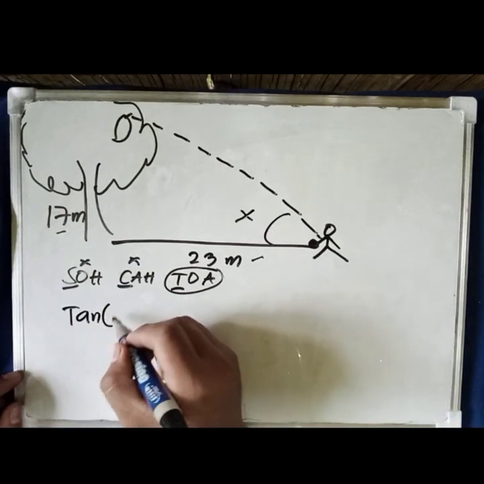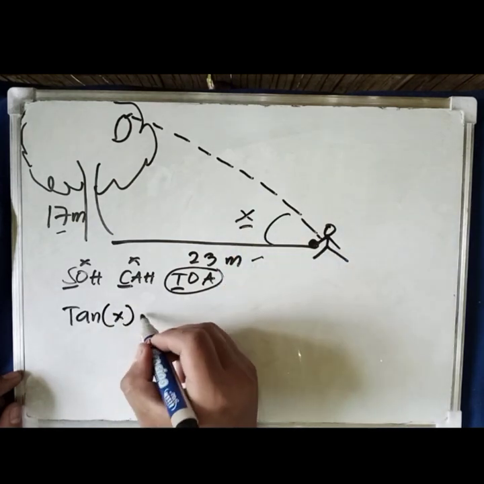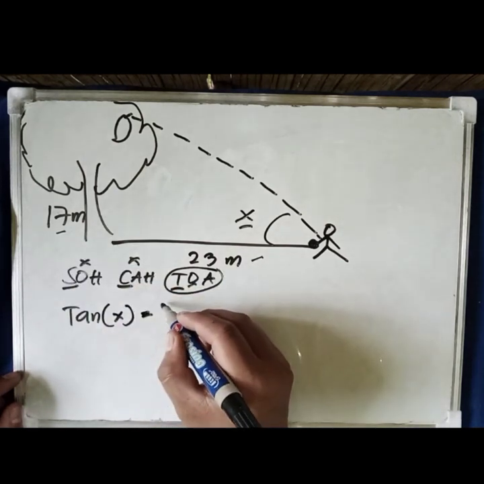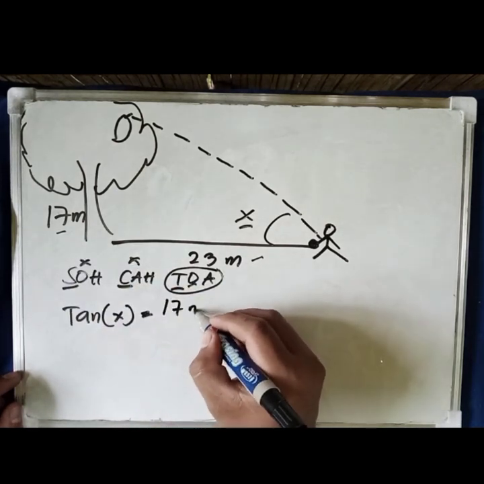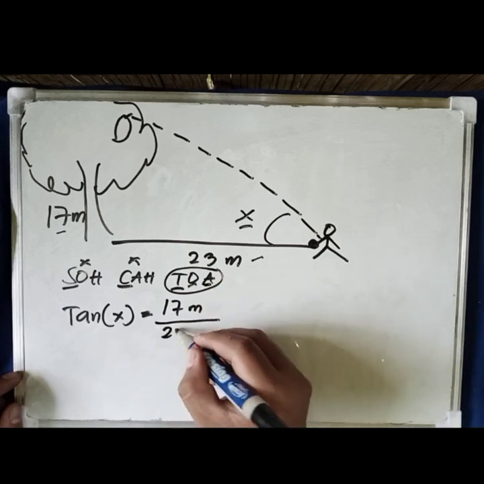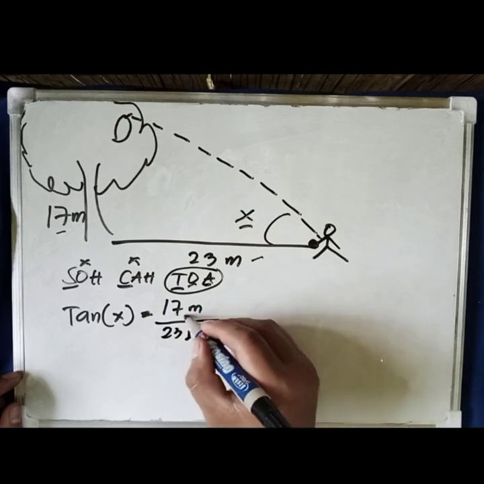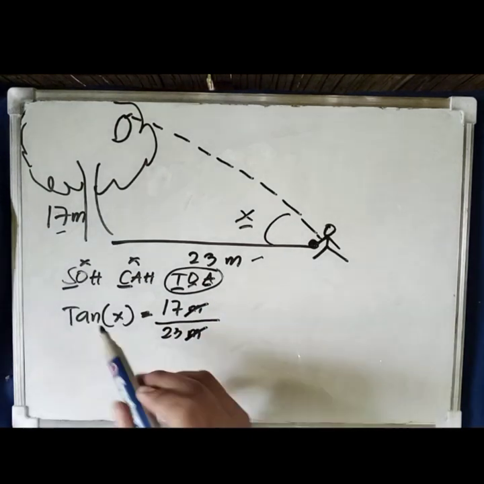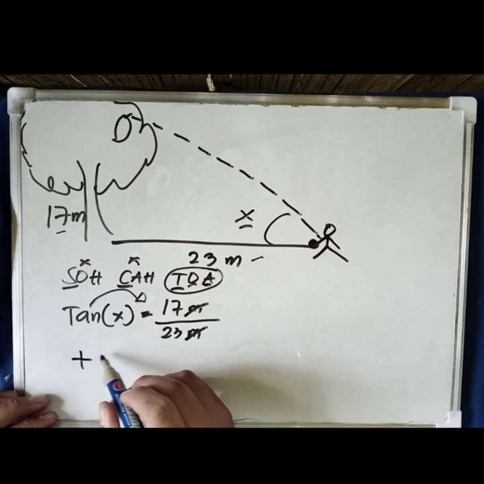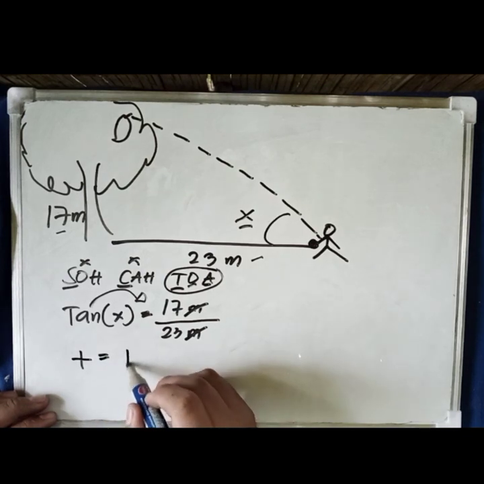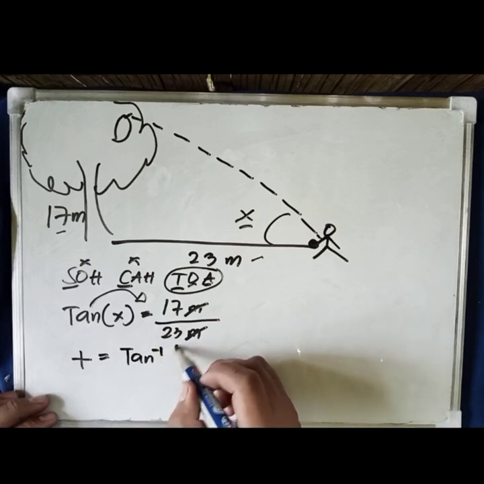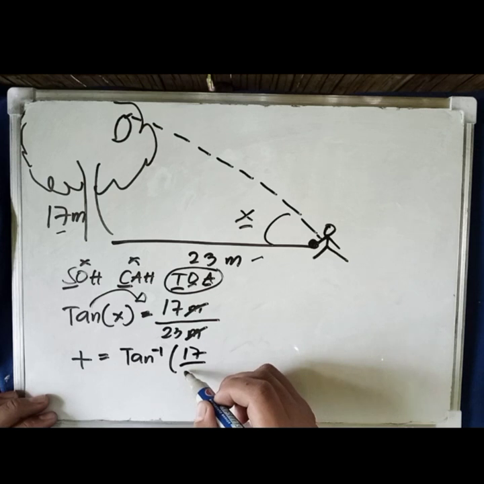So tangent x, or the angle, is equal to the opposite, which is 17 meters, over the adjacent side, which is 23 meters. So cancel the same unit. The next thing to do is transpose the tangent, making it its inverse form. So x equals tangent raised to -1 times 17 over 23.